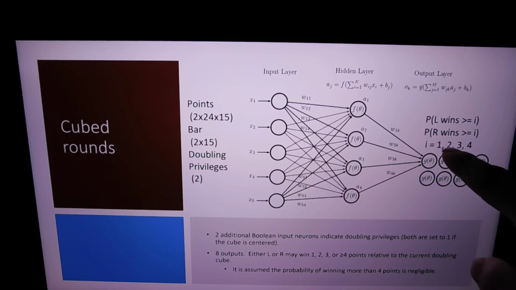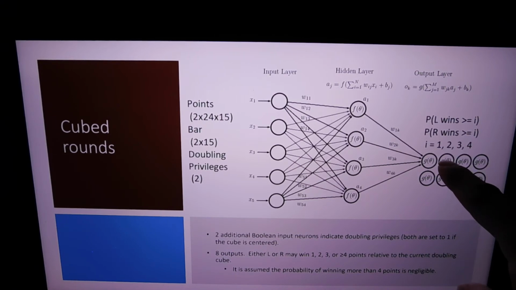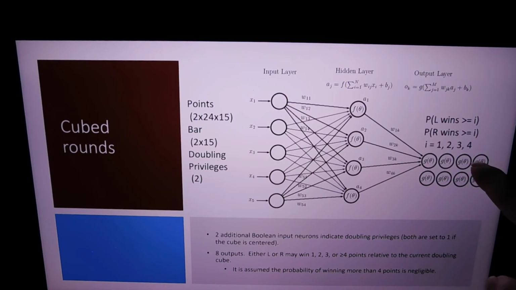Well, either player could win, and either player could win 1, 2, 3, and this one's 4 or more points. Very rarely does a game get doubled twice and then have a gammon, or doubled 3 times. And so we're going to approximate by assuming that for the most part the game is only going to go on to 4 points from the current situation.